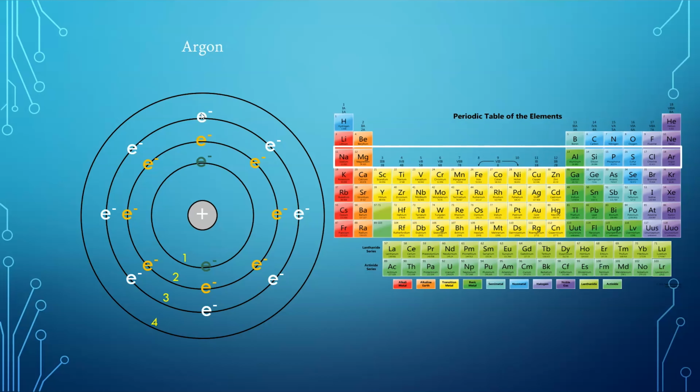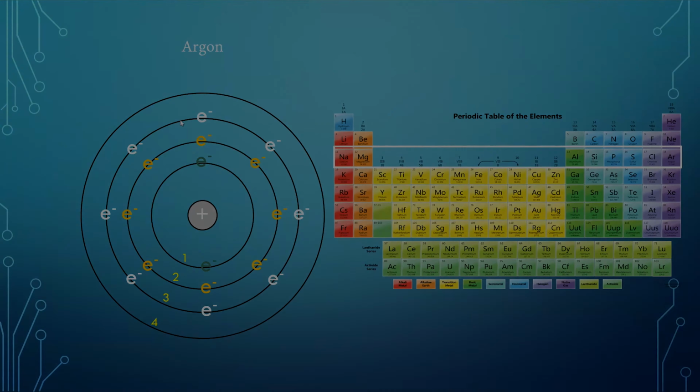So the question is, when we go to period number 4 with potassium, should we follow that trend and go to the 4th energy level, or do we need to obey the unbreakable rule and put that 19th electron in energy level number 3, since there's still space available?